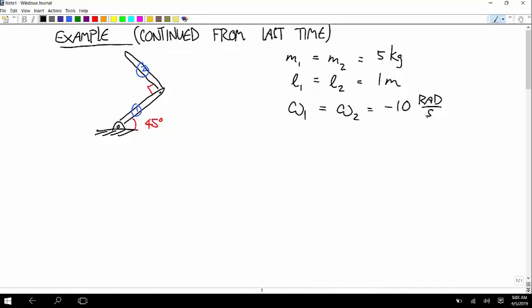I stressed last time that whenever you're talking about rotational quantities, they are relative to the coordinate system, to the ground, not to some body it's connected to. So both of these are changing orientation at 10 radians per second clockwise, and that means this thing is all a single piece rotating like that.